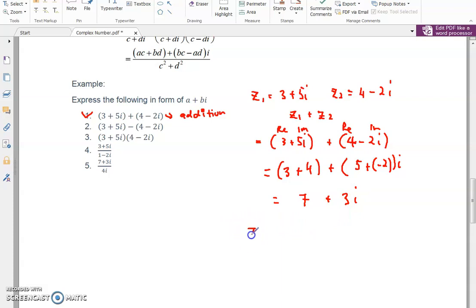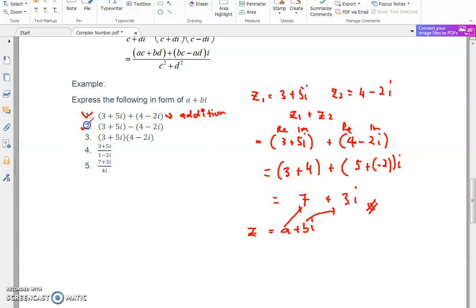I already told you that the value of z is equal to a plus bi, so you can say that the real part is 7 and the imaginary part is 3. You can just stop there once you get the form of a plus bi. Okay, this is when we deal with the addition.